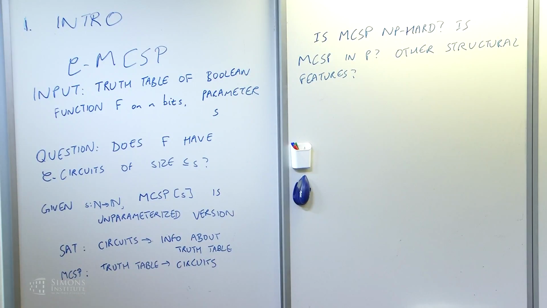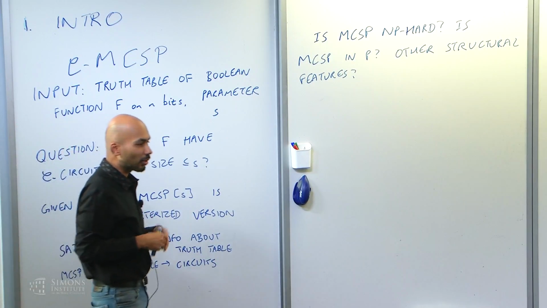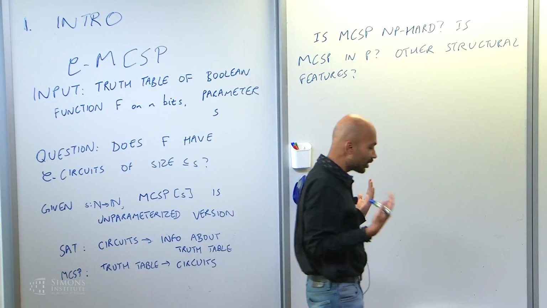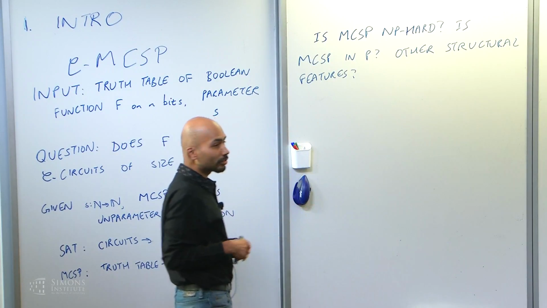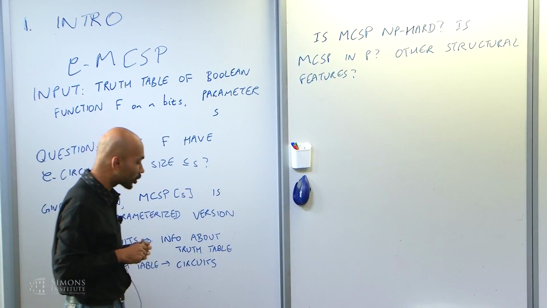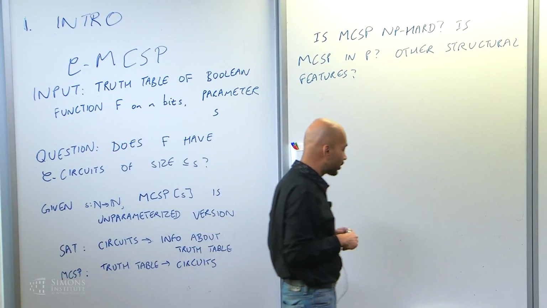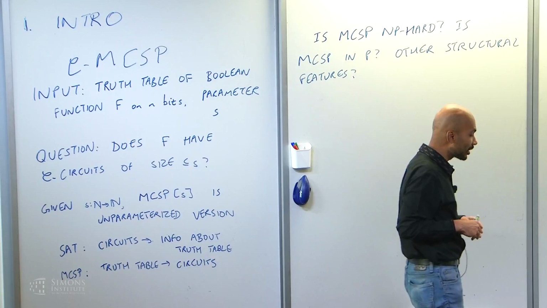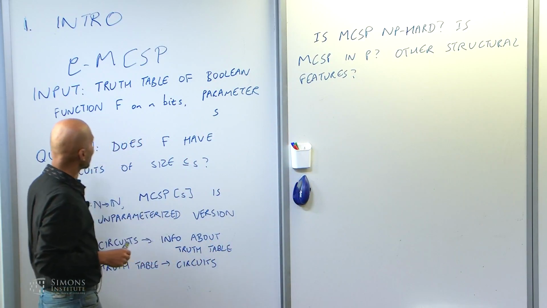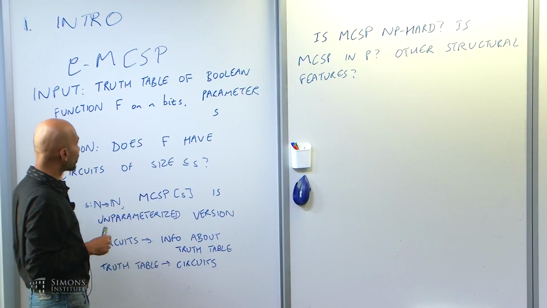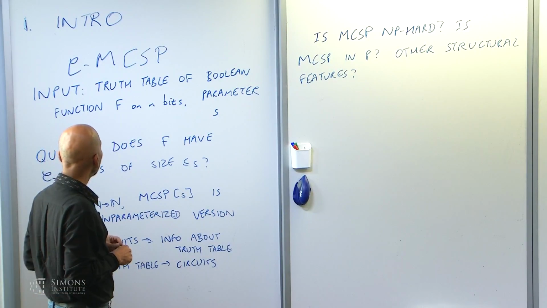In general, you can talk about other complexity measures. It doesn't just have to be circuit size, or for some class of circuits, it could be some of the measures we've seen already earlier in the workshop. It could be approximate degree, it could be communication complexity, your favorite complexity measure. For all of these measures, the analog of this problem is interesting.